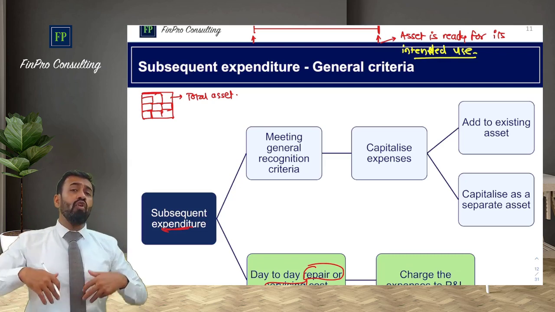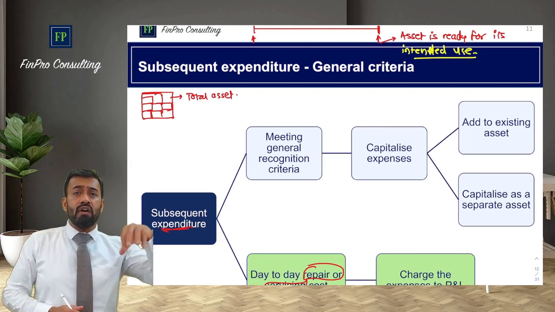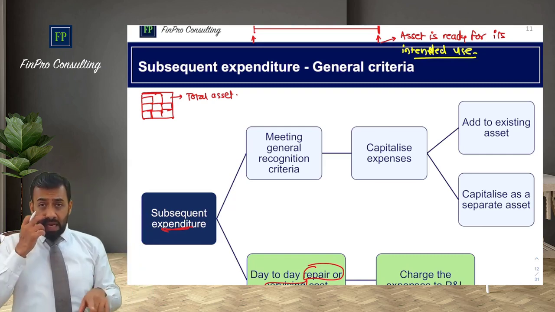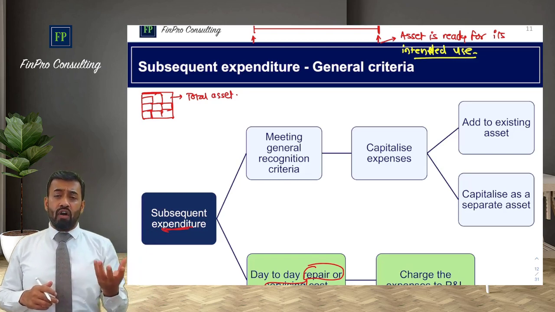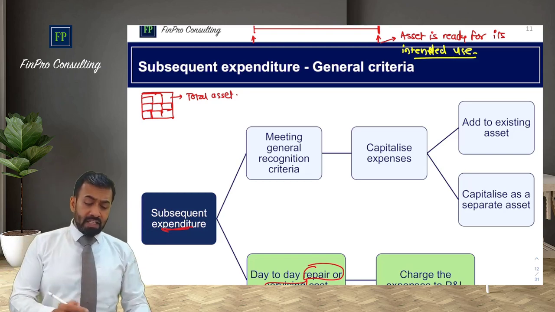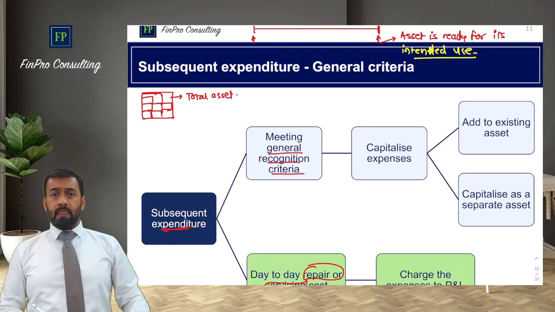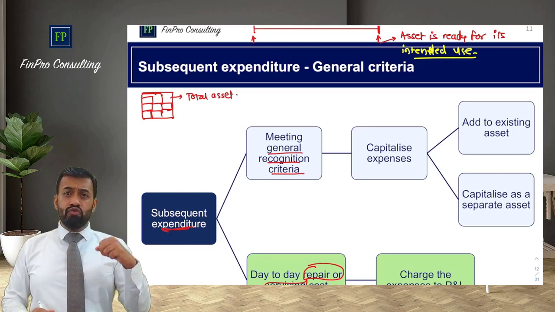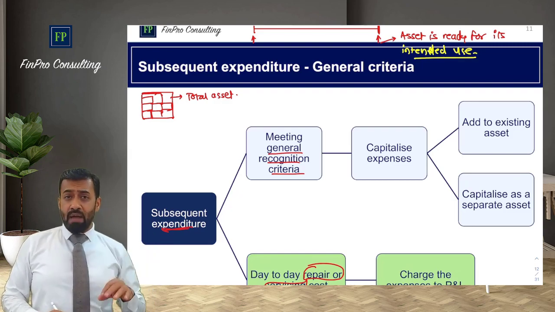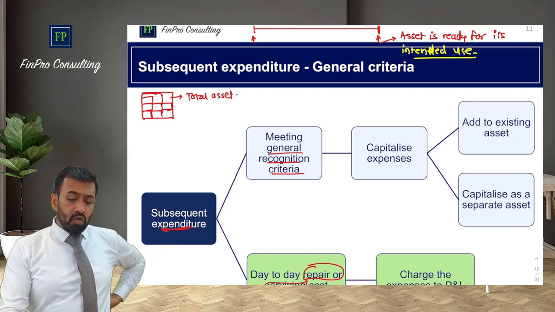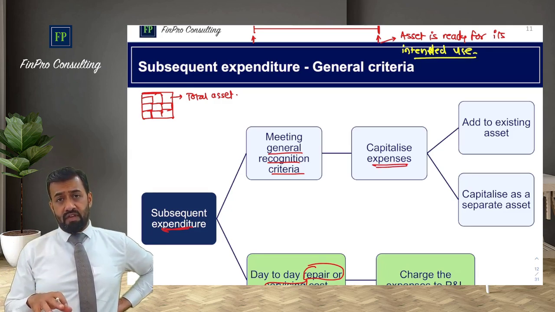However, if it is not of that nature, it's not a regular expenditure incurred for repairs and maintenance, then you have to evaluate what that expenditure is for, and if that expenditure meets the general recognition criteria, if there is probability of future economic benefits because of that expenditure, where you can reliably measure the cost, then you can capitalize that expenditure as a part of that asset itself.